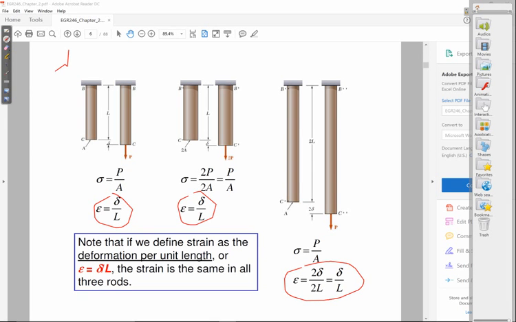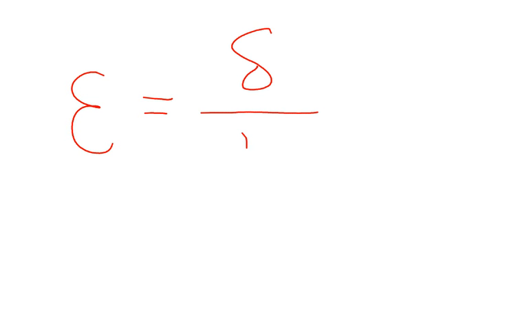and you have a new Greek letter that you need to become familiar with. Epsilon, lowercase Greek letter epsilon, is equal to delta, which is my deformation, over L, which is the original length.